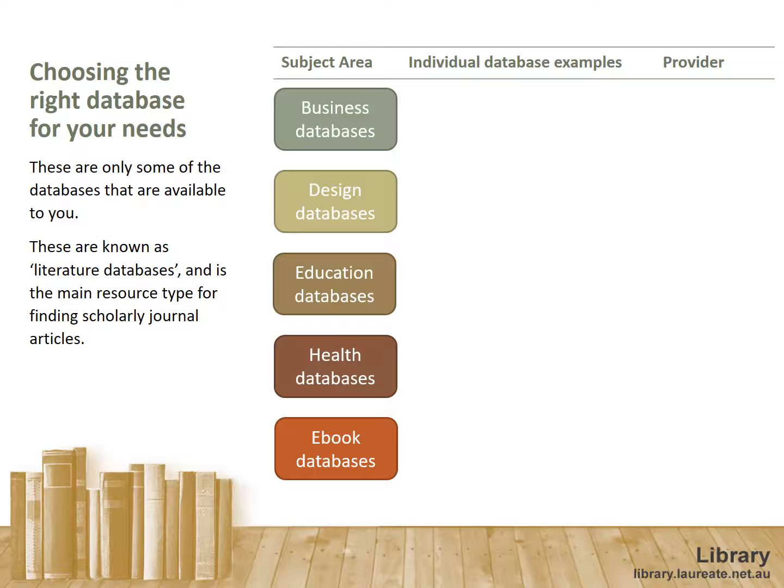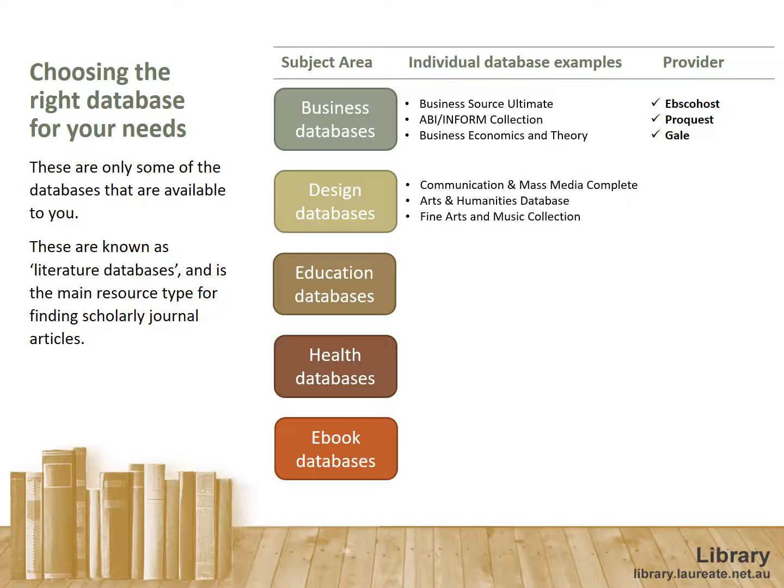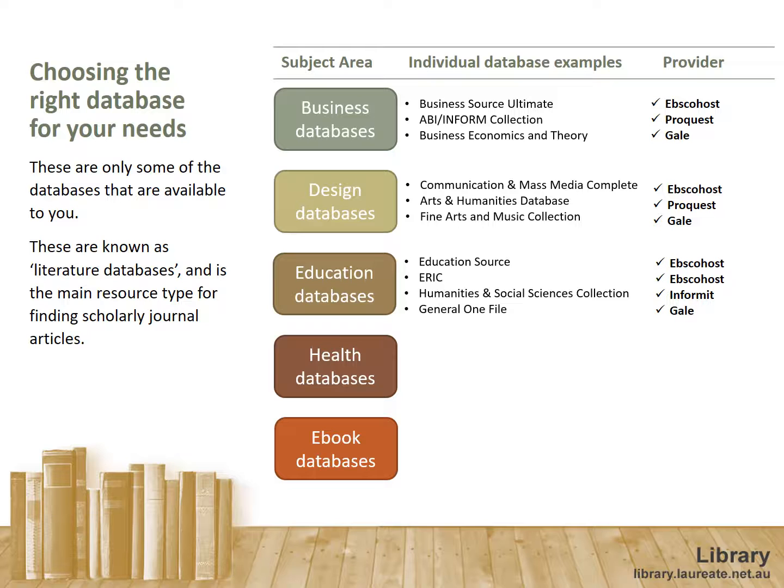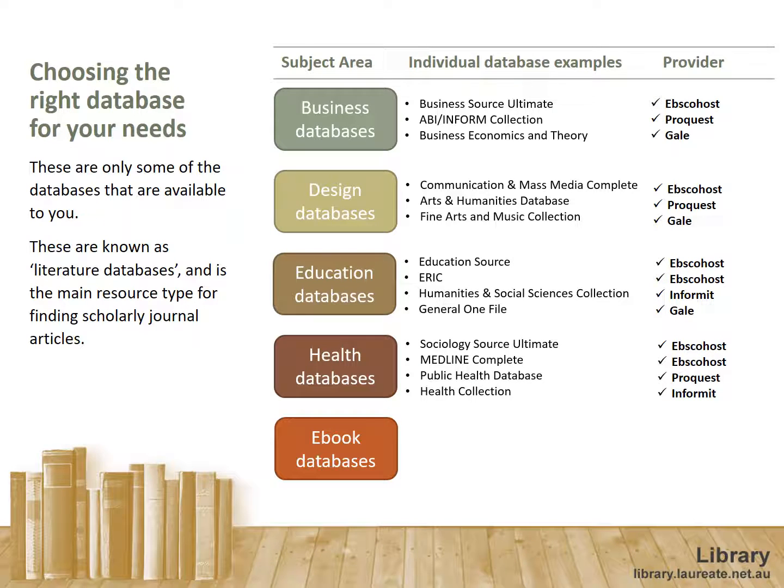For example, some business databases that we have are Business Source Ultimate, which is provided by EBSCO, ABI Inform, which is provided by ProQuest, and Business Economics and Theory, which is provided by Gale. And there are many others depending on your subject area. So depending on your course, you may wish to choose a specific database rather than searching generally over a broad mix of different databases.